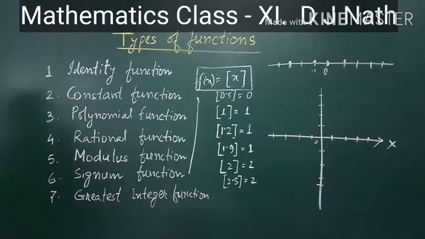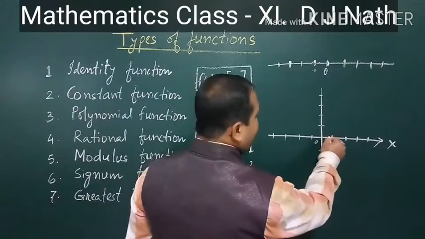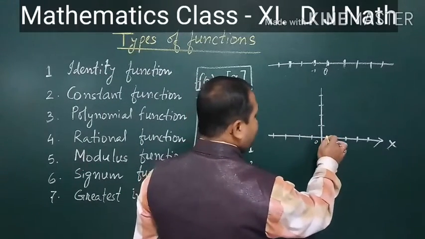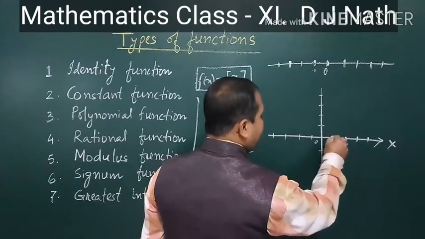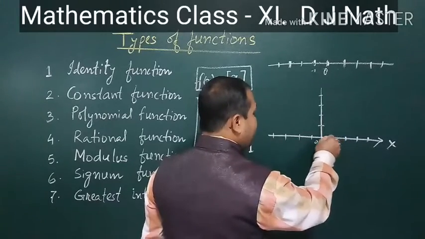If I show with another color, for x less than 1, it will come to 0.